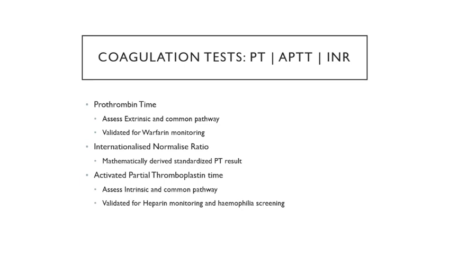Activated partial thromboplastin time is a test that evaluates the intrinsic and common pathways of the coagulation cascade. It is used to monitor heparin therapy and to diagnose conditions such as hemophilia and disseminated intravascular coagulation.